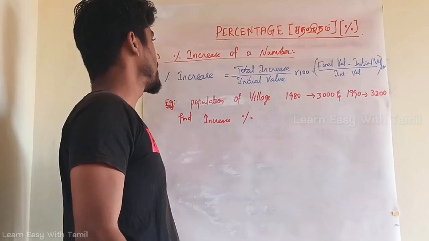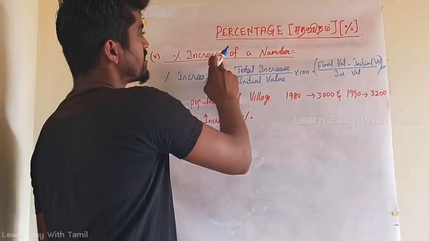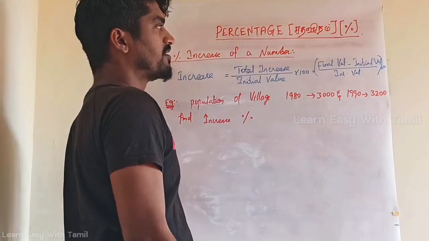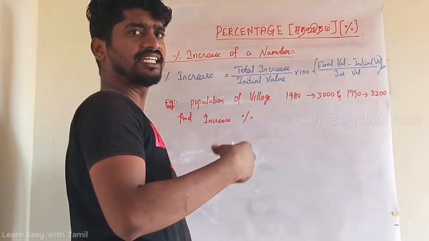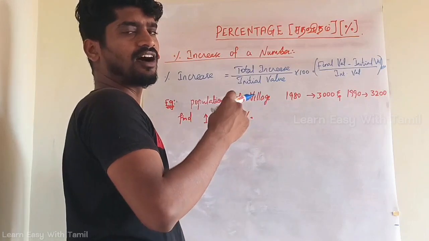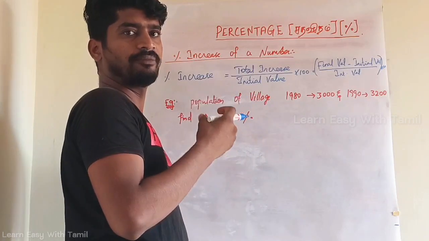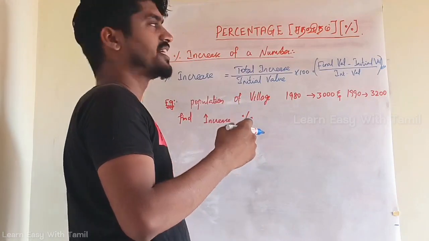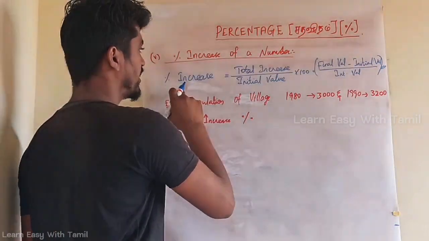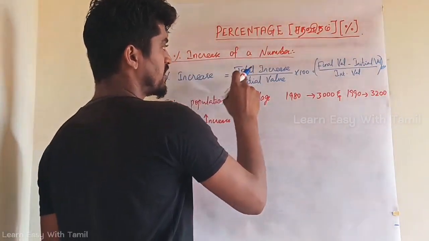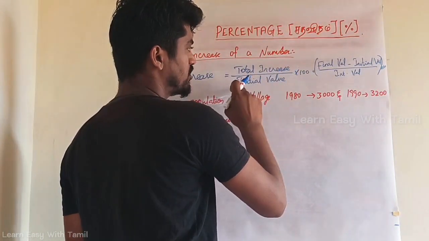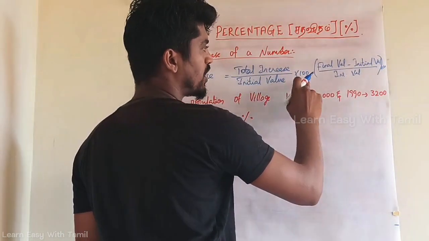The next method is percentage increase of a number. When a number value gets increased, we have to find by how many percent the number has increased. The formula to find the percentage of increase is total increase value divided by initial value into 100.